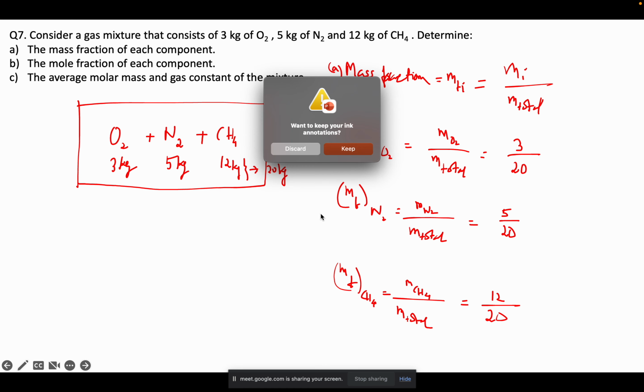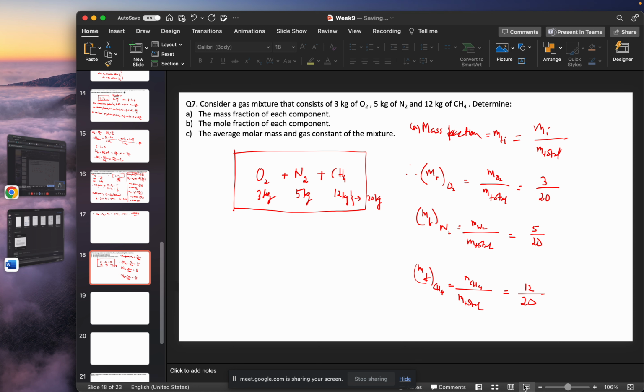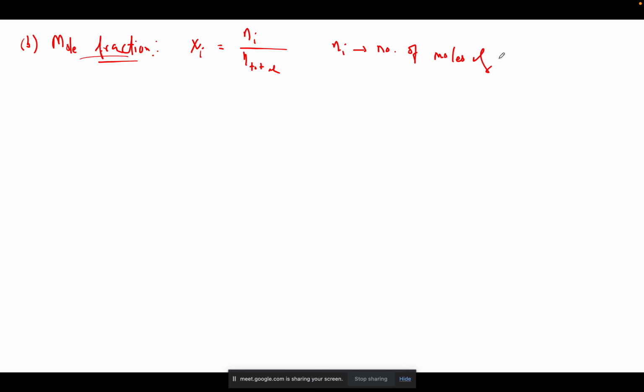Now the next step is mole fraction. Mole fraction is denoted as X. So mole fraction for the ith component is equal to Ni by N total, where Ni is the number of moles of the ith component.